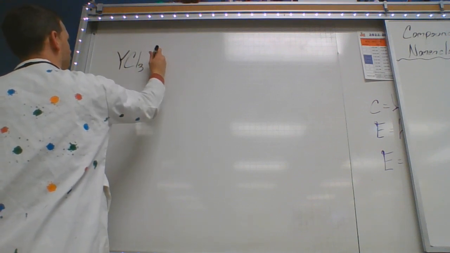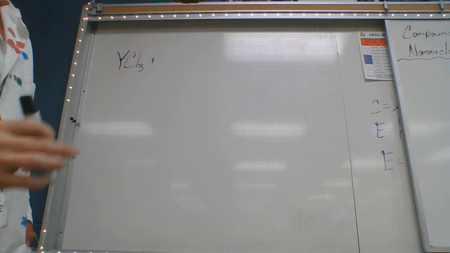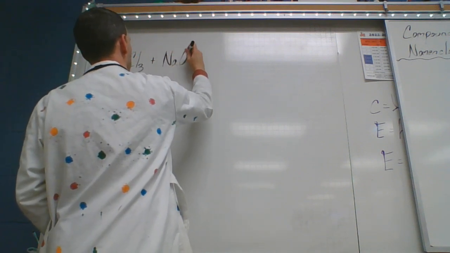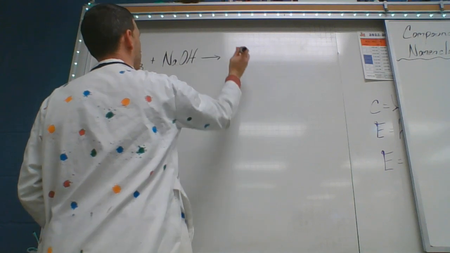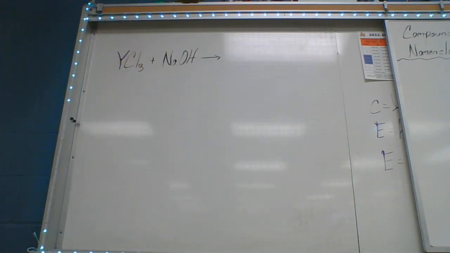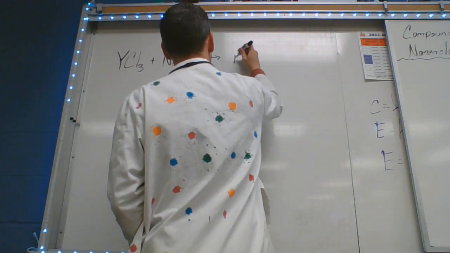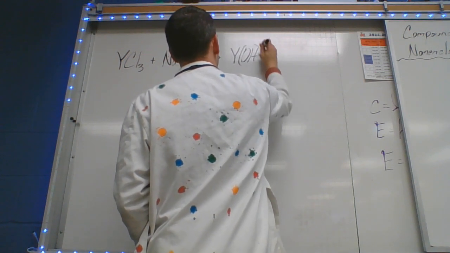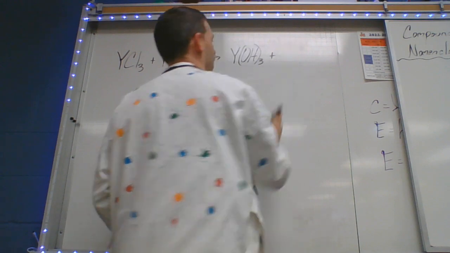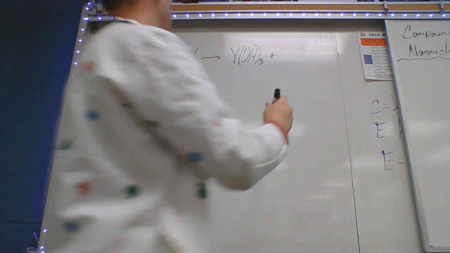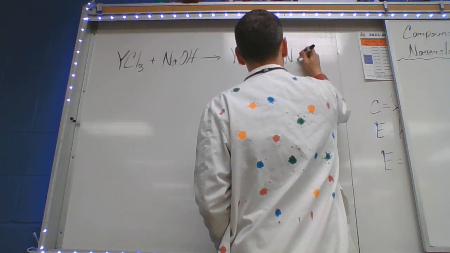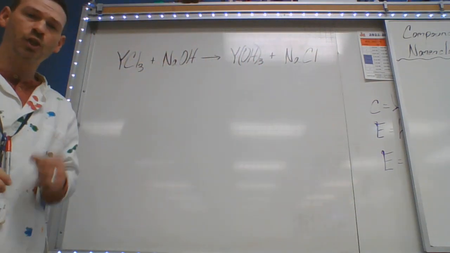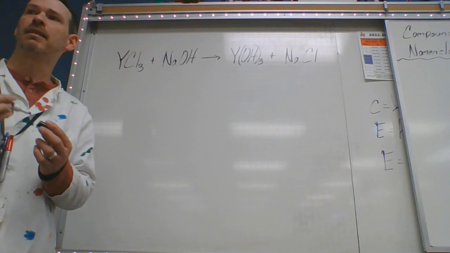Yttrium-3 chloride reacts with or mixes with sodium hydroxide to produce yttrium-3 hydroxide and sodium chloride. All right, I did all the nomenclature stuff as I wrote it. Your job is to balance it. Good luck.